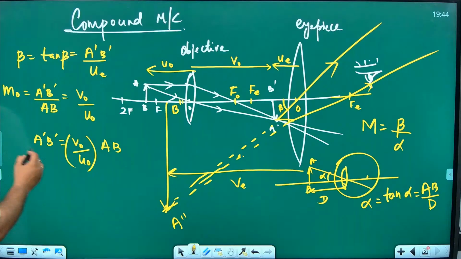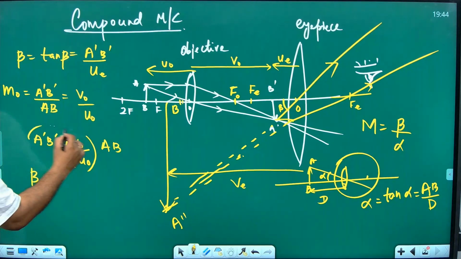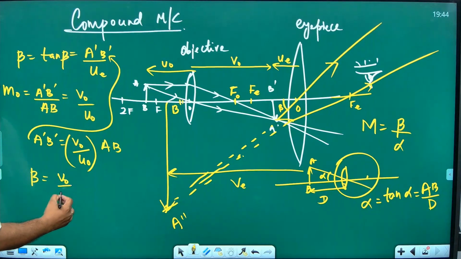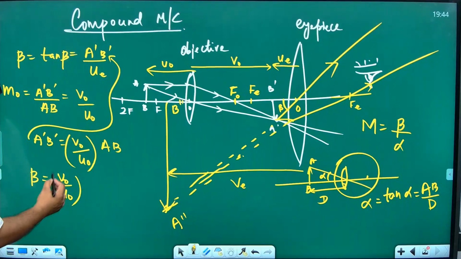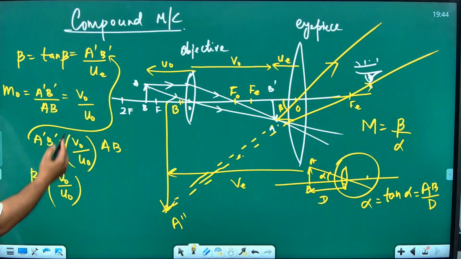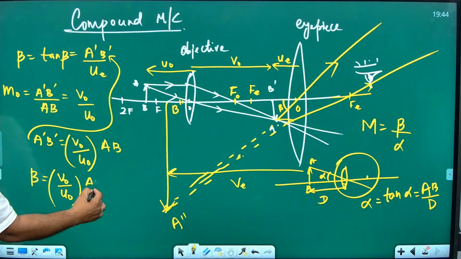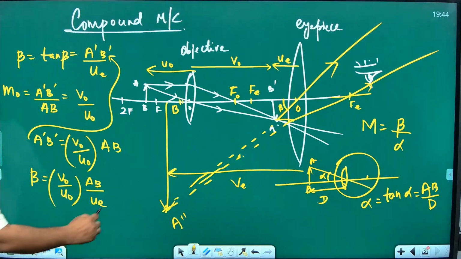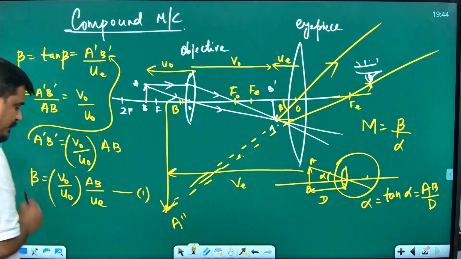I am going to substitute this A dash B dash in this equation. So now beta becomes what by what? If I am putting this here, beta becomes VO by UO into AB by UE. Am I right? Let this be equation number 1, which is the beta.